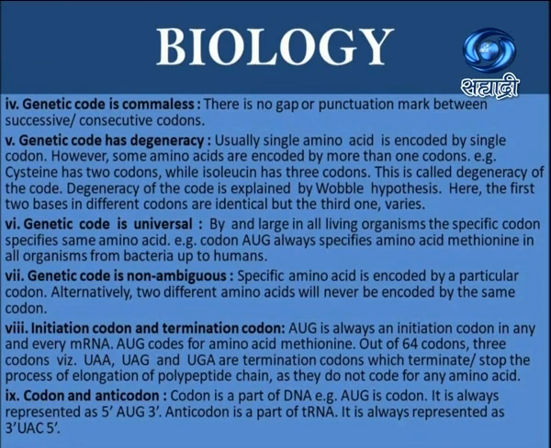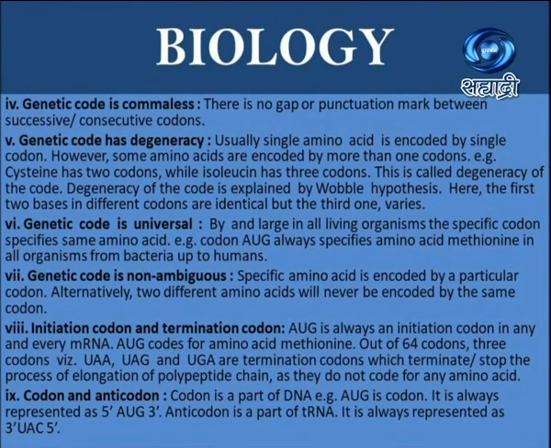Next one, genetic code is commaless. There is no gap, no punctuation mark between the successive or consecutive codons. Genetic code has degeneracy. Usually a single amino acid is encoded by a single codon. However, some amino acids are encoded by more than one codon.